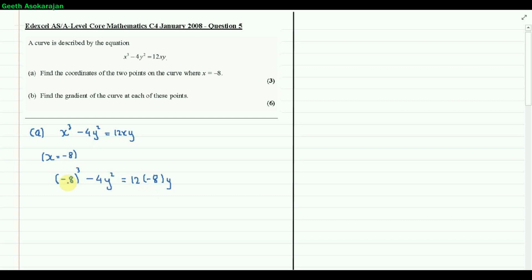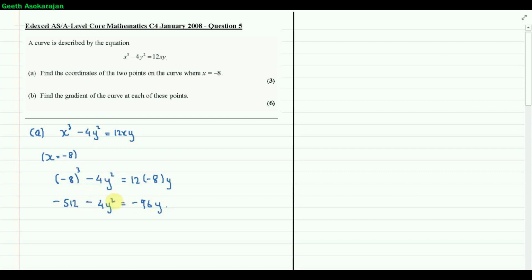Now 8 cubed is 8 times 8 times 8, which is 512. Minus cubed is a minus, so it's minus 512 minus the 4y squared. This is what we have on the left. 12 times 8 is 96, but don't forget the minus, so minus 96y.